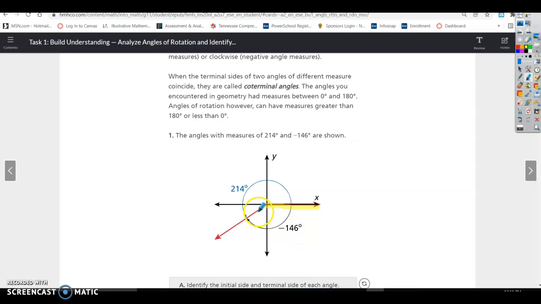These two angles both fall on the same terminal line, so these two angles are called coterminal angles. That's important to know. That's one of the definitions you'll need to know. So coterminal angles are basically 360 degrees apart, because if you add 360 or subtract 360, you're going to get back to that same terminal side. So the absolute value of these two added together would be 360 degrees.